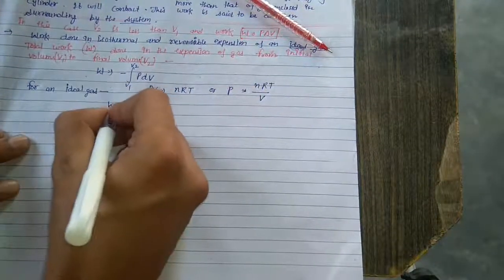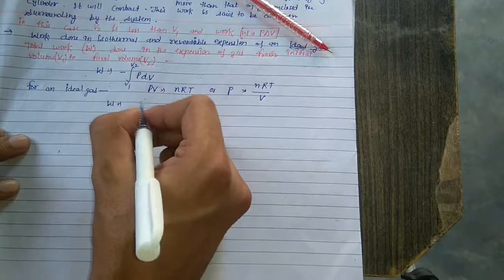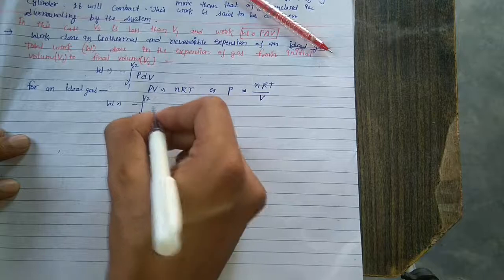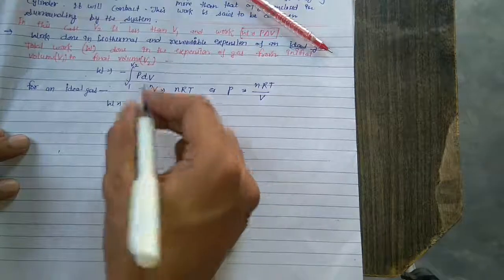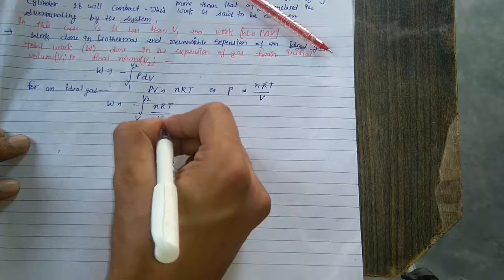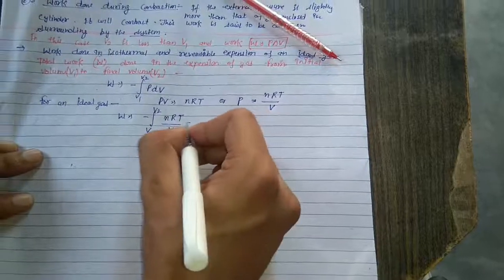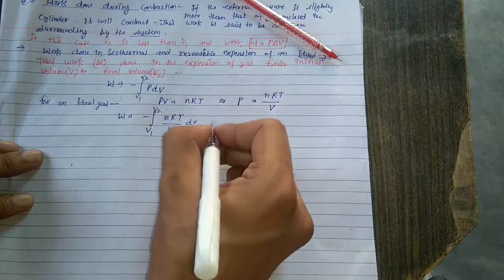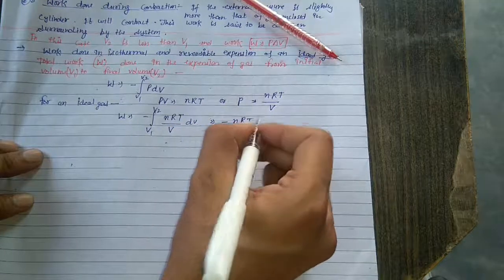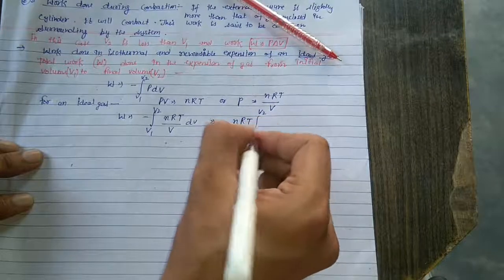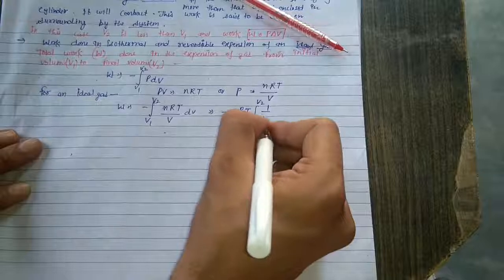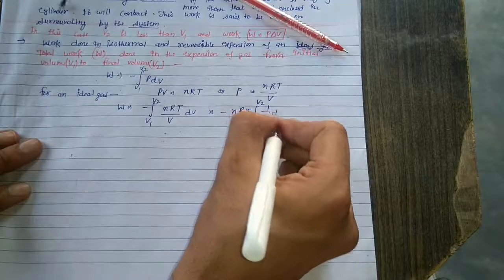So W equal to minus the integral from V1 to V2 of nRT upon V dV, so minus nRT times the integral of 1 upon V dV.